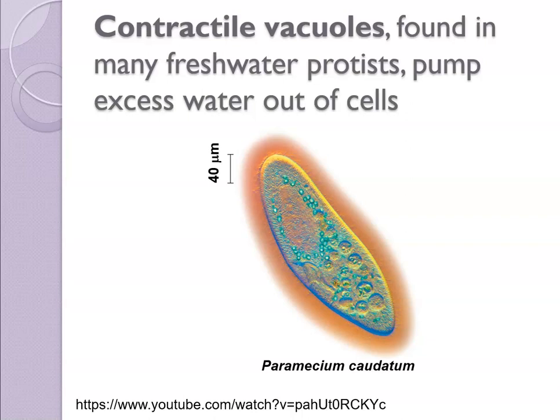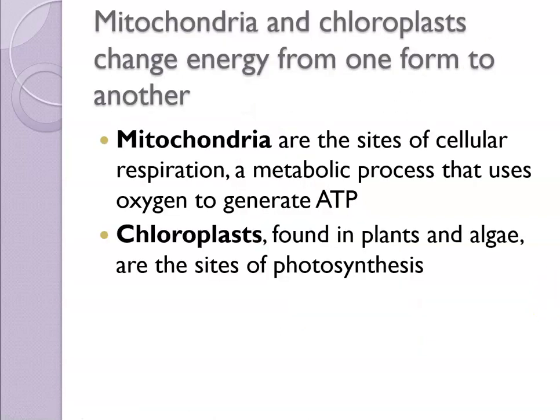Now, this process requires energy on behalf of the paramecium. So in order to access that energy from the food that it eats, it needs another organelle to do that. That brings us to the mitochondria and also the chloroplasts, which we'll talk about after mitochondria.